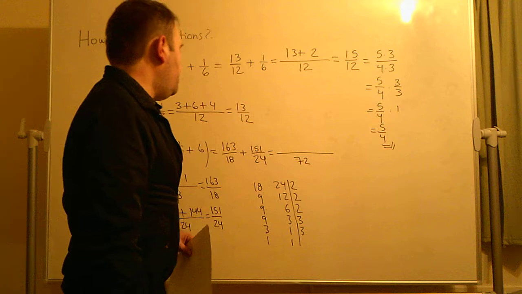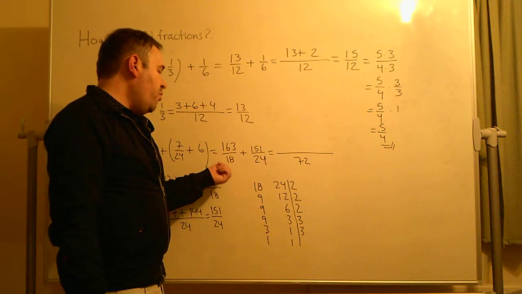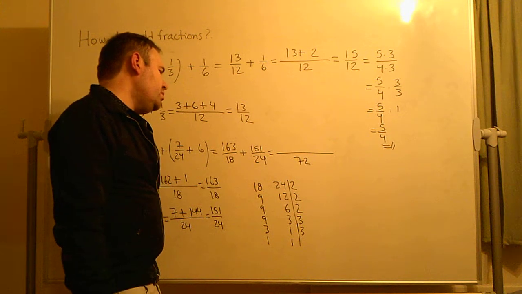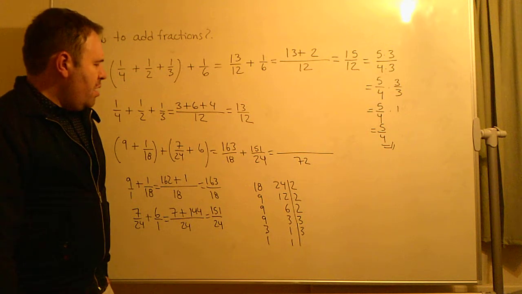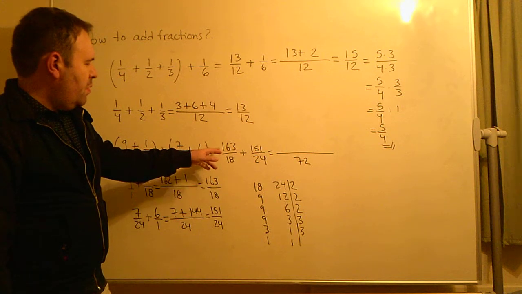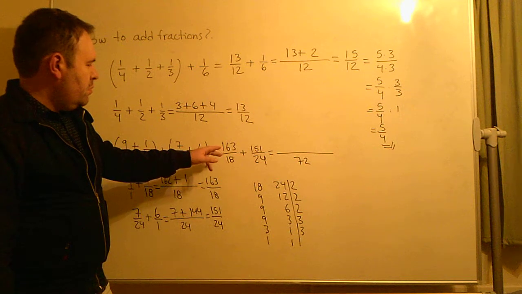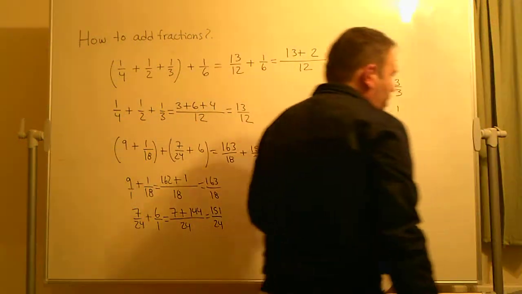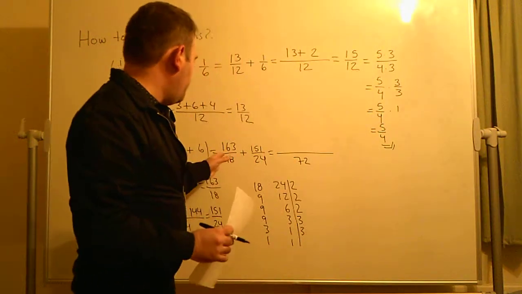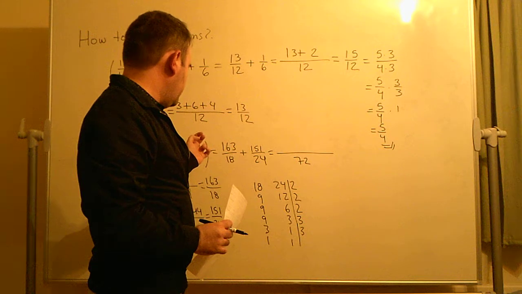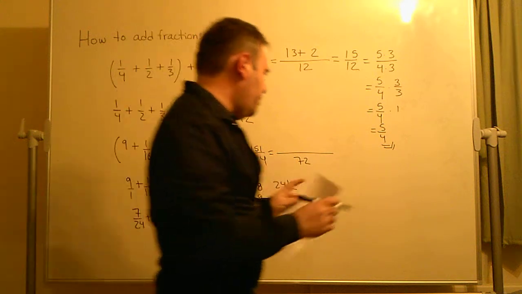Now 72 divided by 18 would be 4 times 163. 4 times 163 would be, let me see if I can do it mentally. 163 times 4 would be 652, I believe.